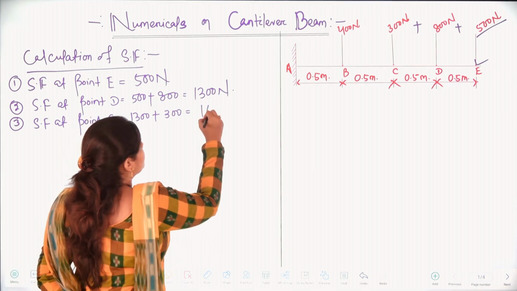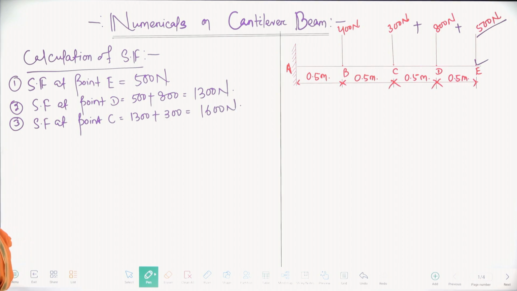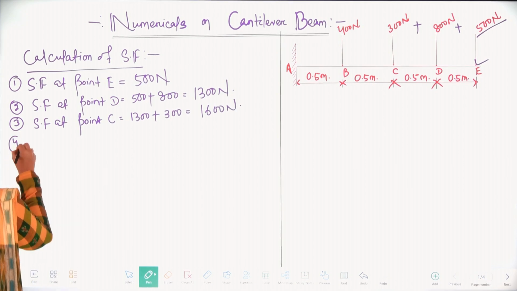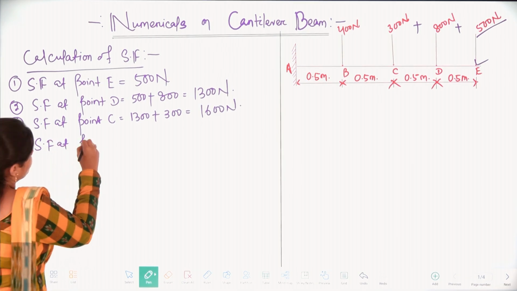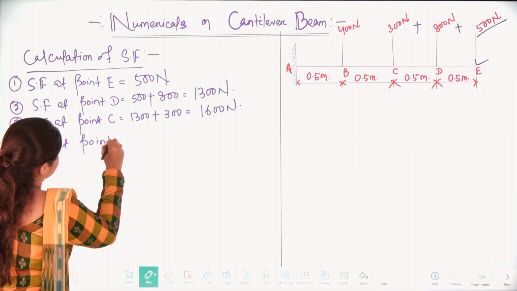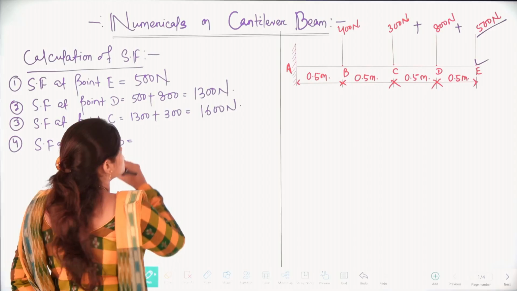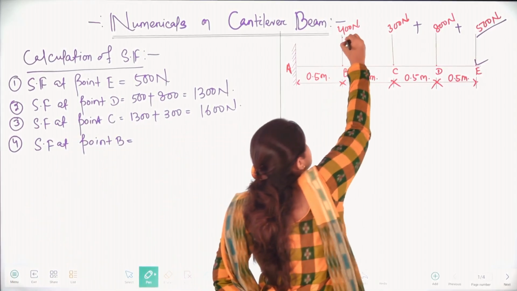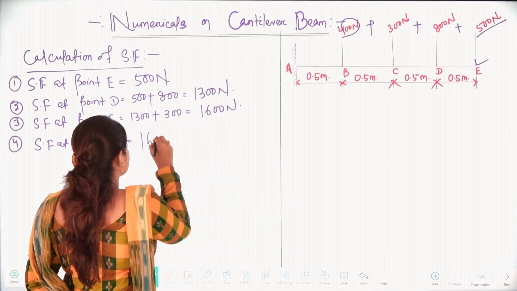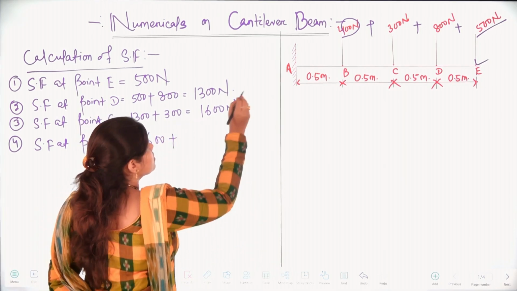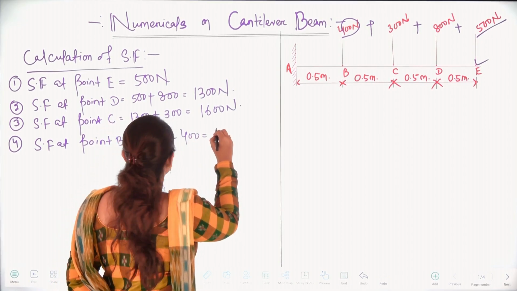So it will be 1600 Newton, right? Next, let's find out shear force at point B. So again, just addition of this. It will be 1600 plus 400, that is 2000.